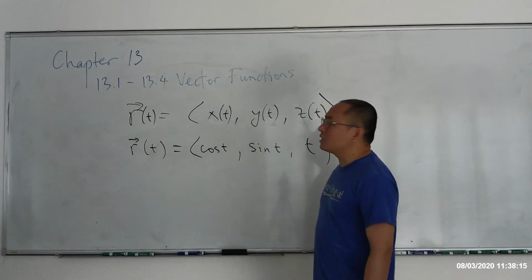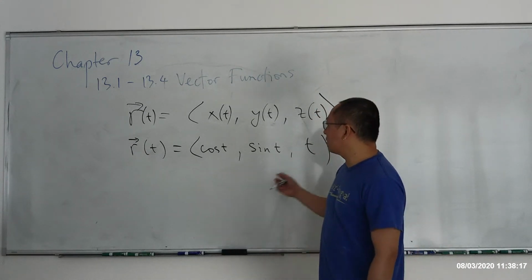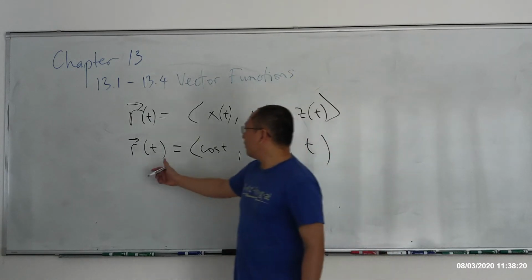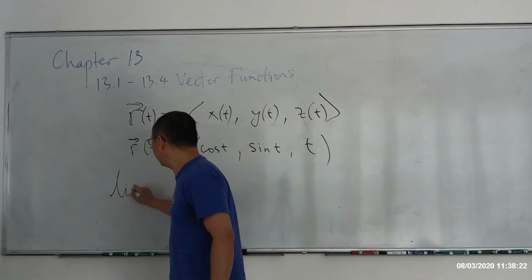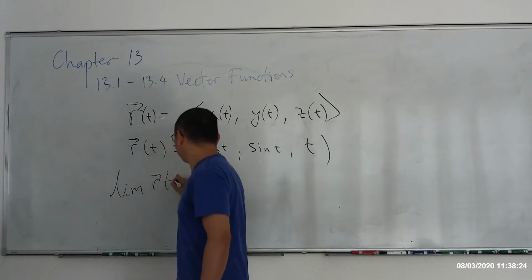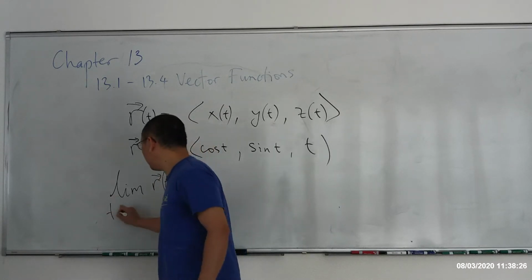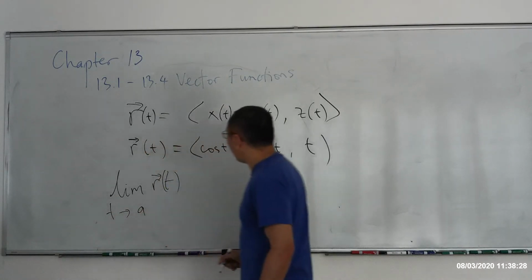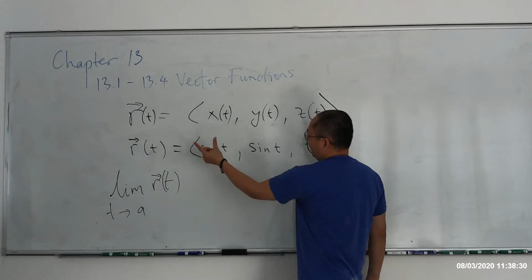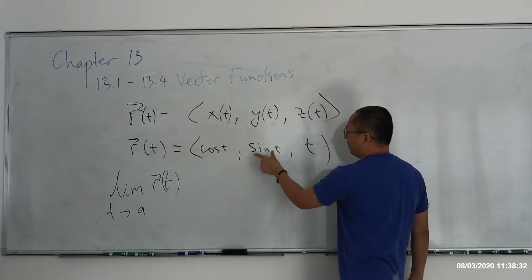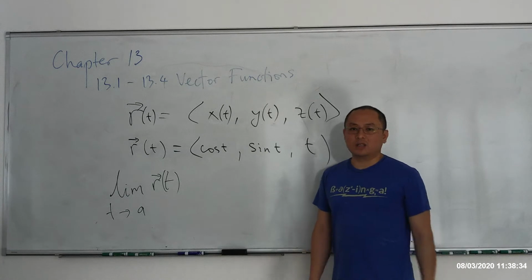When a function is continuous, or when you talk about taking the limit: you take the limit of the vector r(t) when t goes to some value, say a. All we have to do is take the limit of the x component, the limit of the y component, and the limit of the z component. That's it.